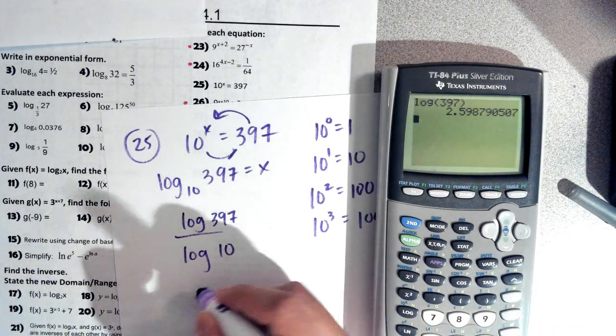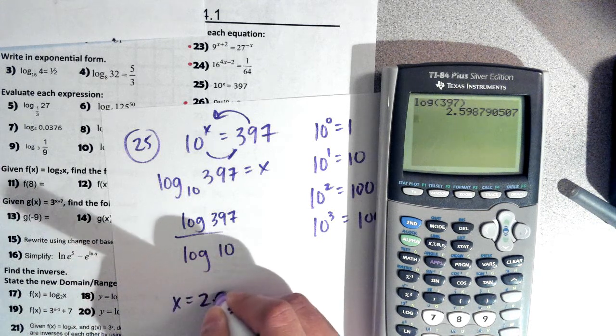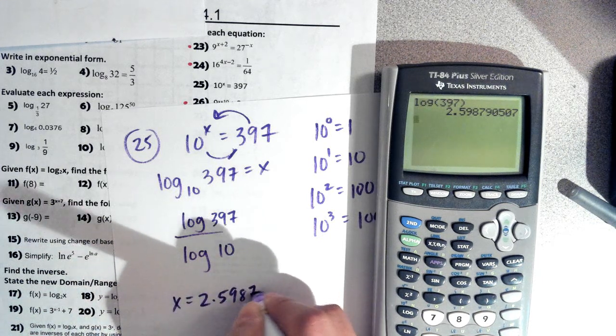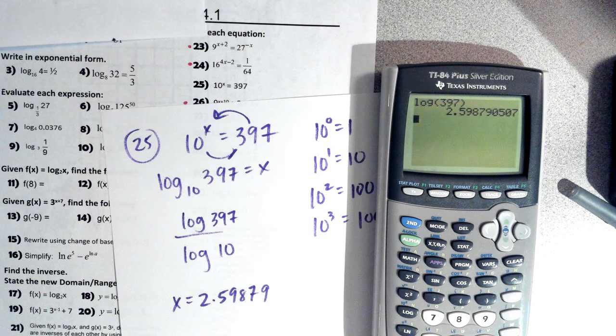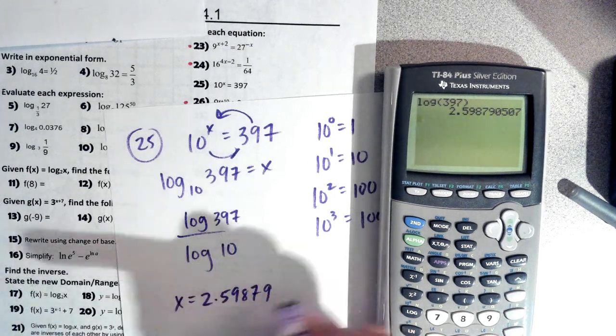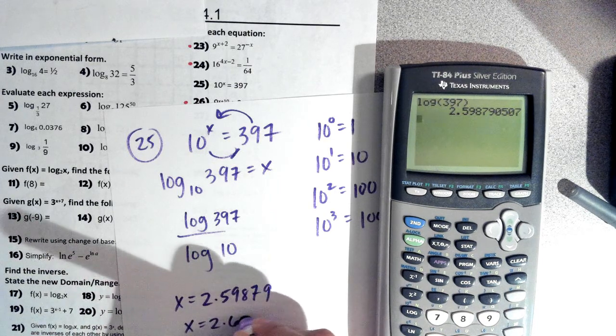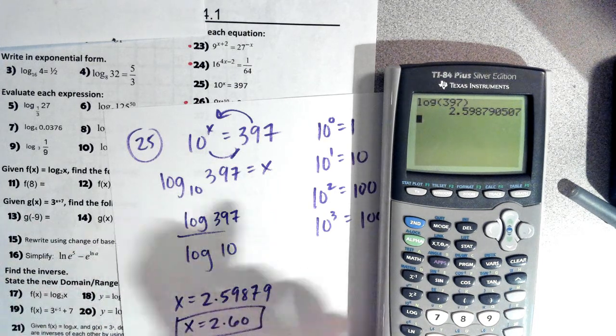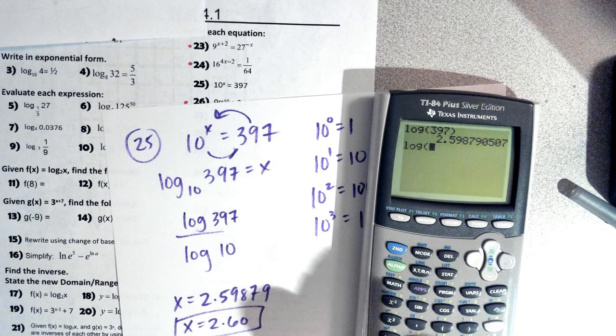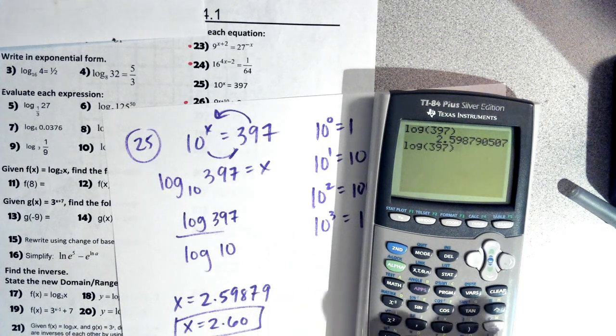So my answer is 2.59879. So if I'm rounding to 2 decimal places, it'd be 2.60, which is right between 2 and 3, like we said. Now, if I wrote it as log 397 divided by log 10, look, you'll get the exact same answer. See? There it is.